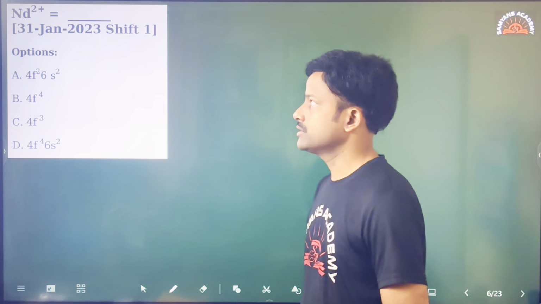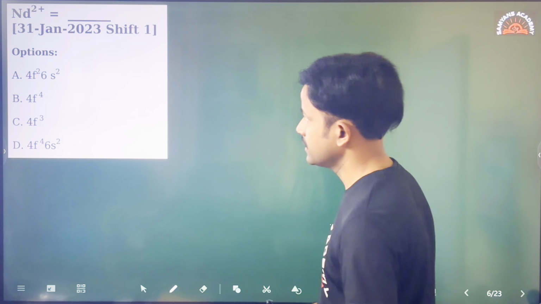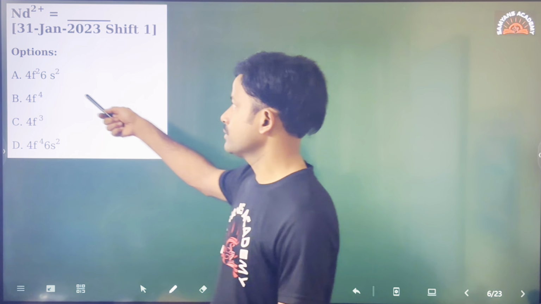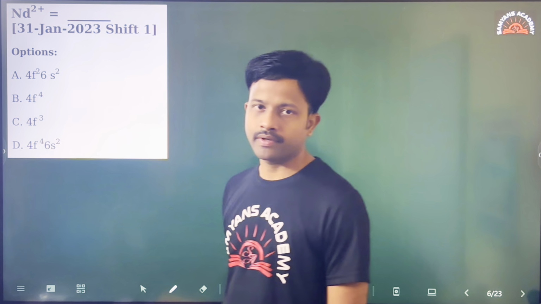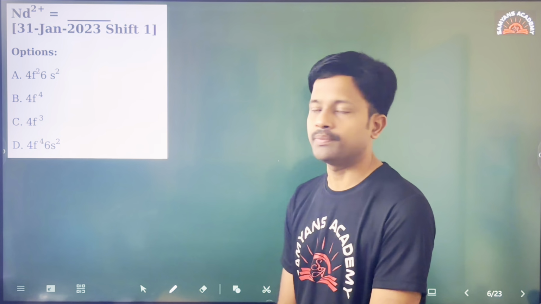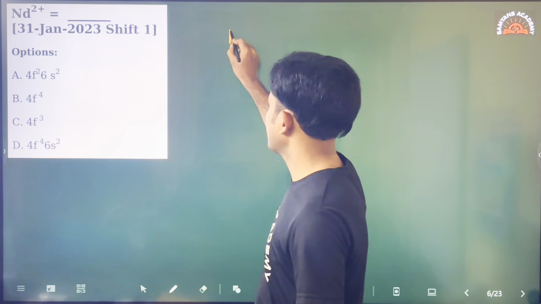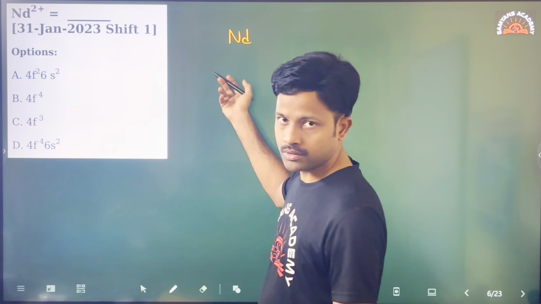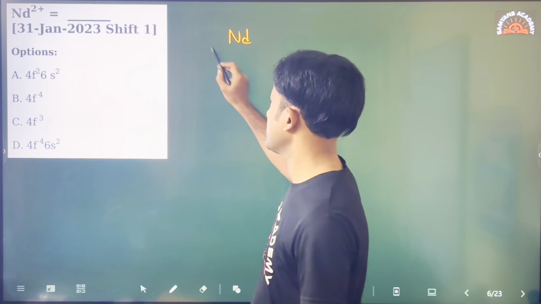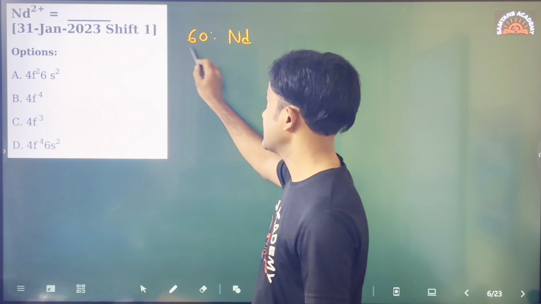In the next question, you have neodymium 2 plus, and you have to give the correct electron configuration. Neodymium belongs to the F block, and its atomic number is 60.